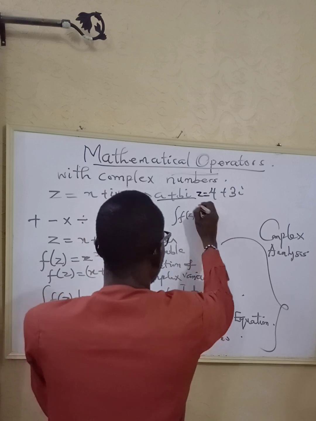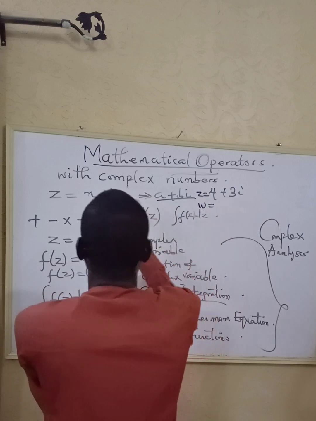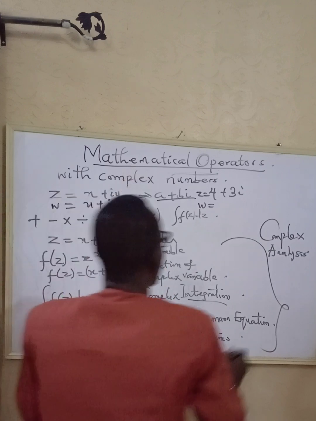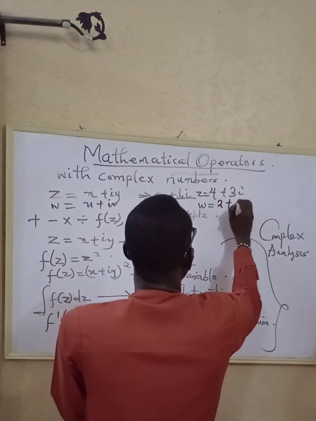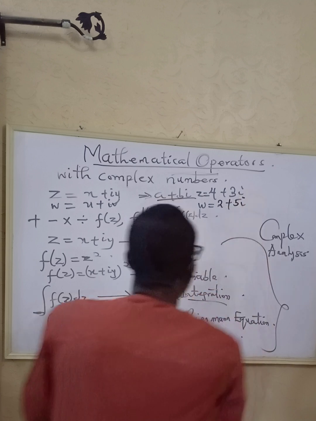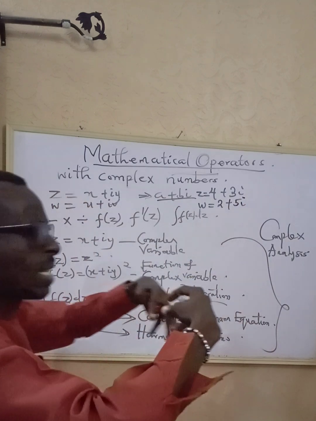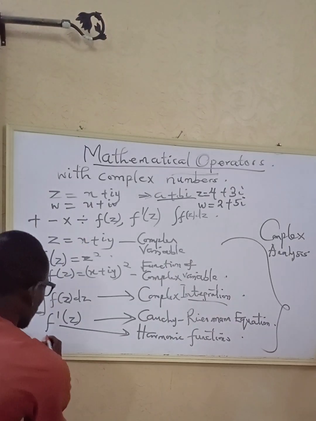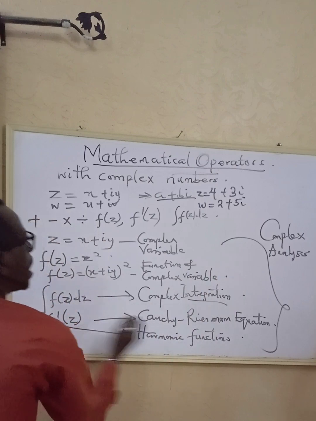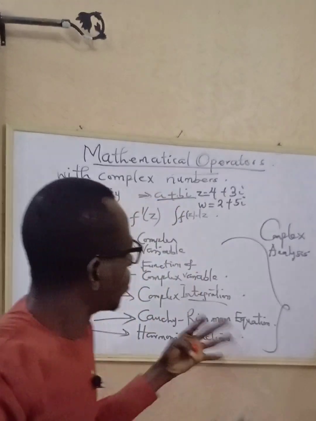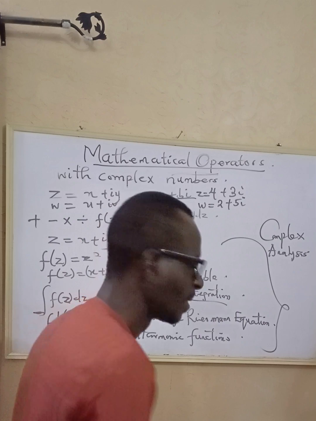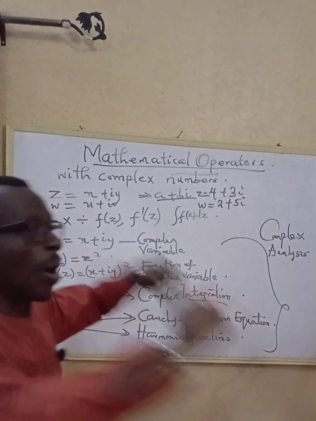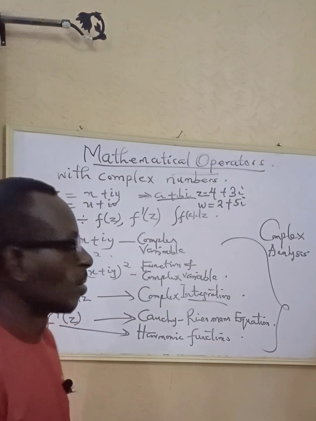We can create another plane, the w plane, where we have u plus iv, and another plane to be 2 plus 5i. These two can easily lead us to complex mapping, and also what we call conformal mapping. Depending on what you want to use as a tool, that automatically brings up topics under the complex numbers.